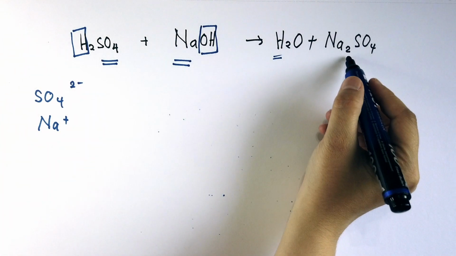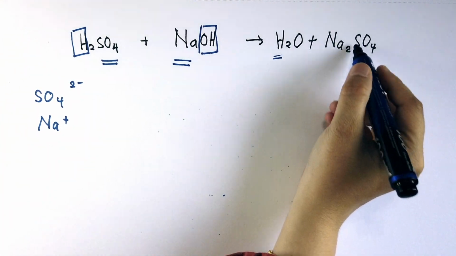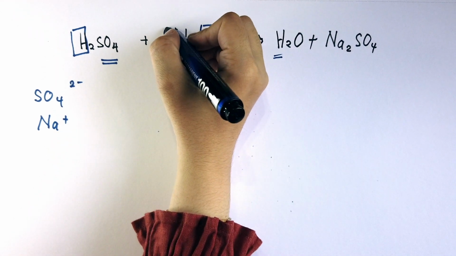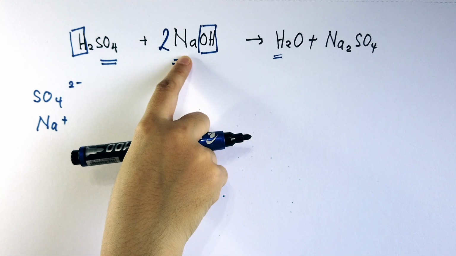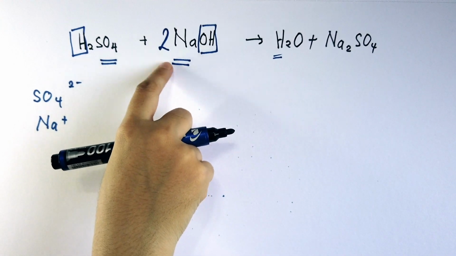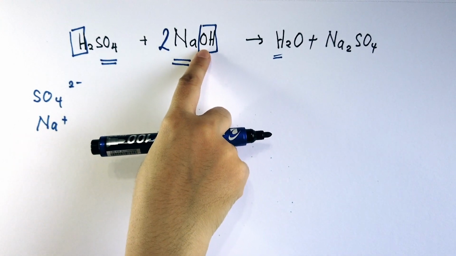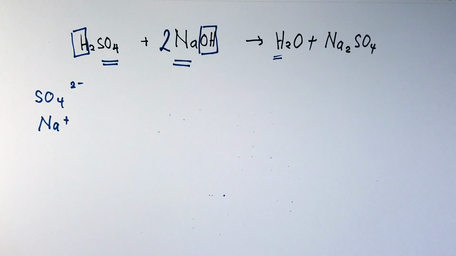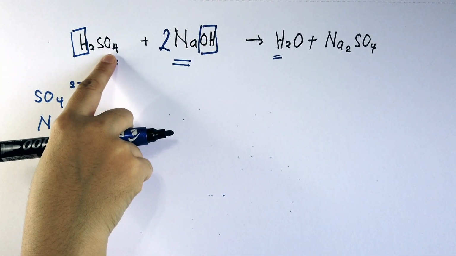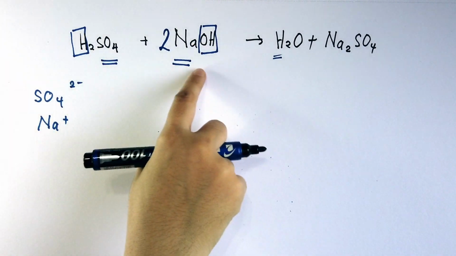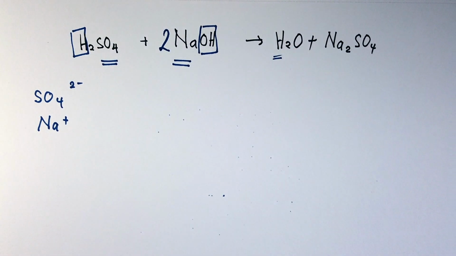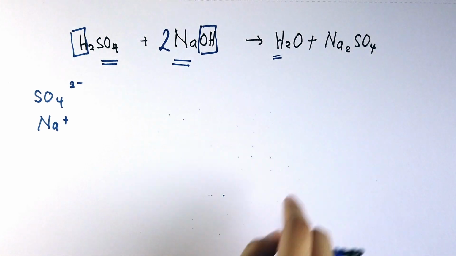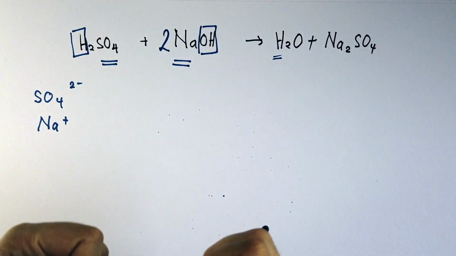But if you look at the sodium here, you have 2 sodium. So definitely here you need to add 2, so that you have 2 sodium over here. When you have 2 sodium over here, it means that your oxygen becomes 2. So 2 plus 4, 6. In order for you to get this 6, because you already have 4, 6 minus 4, you need 2.